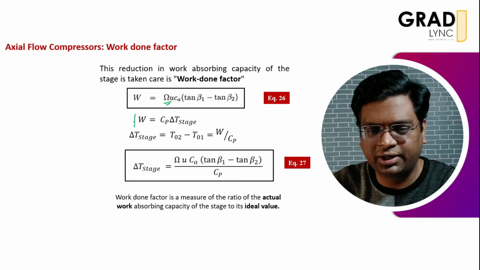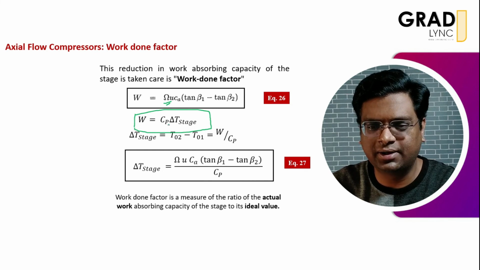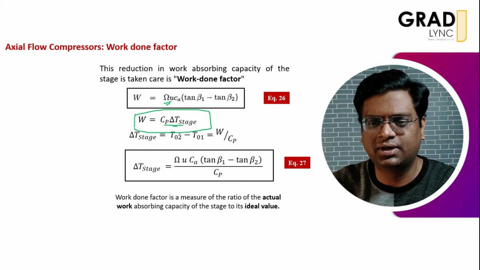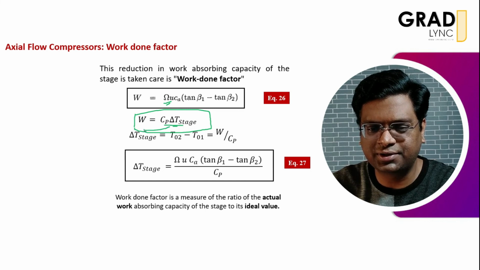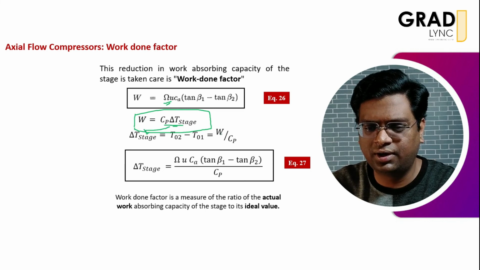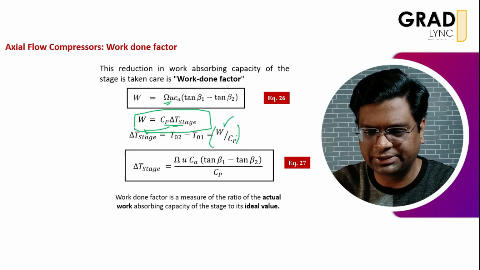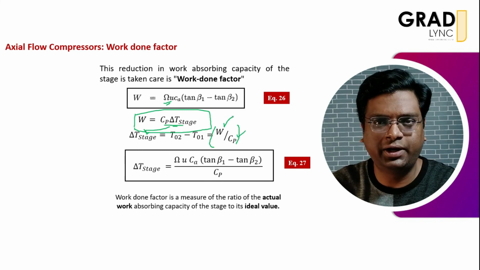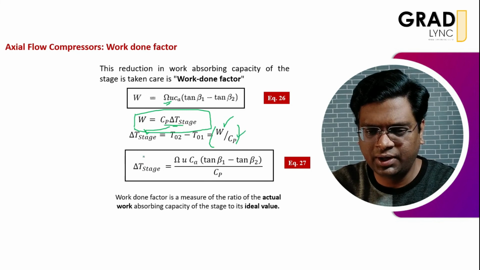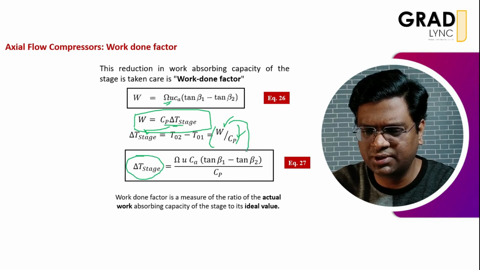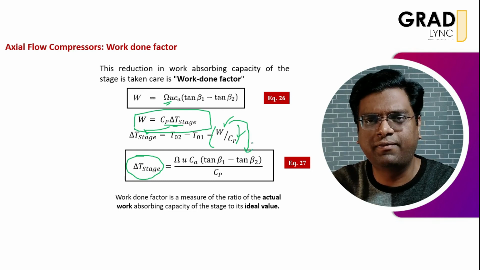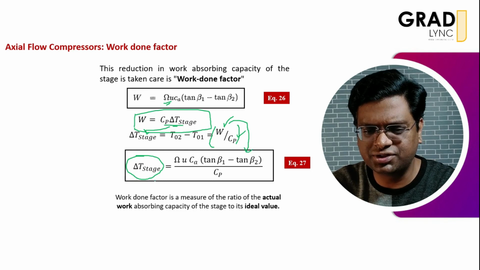Now also the work done for a compressor stage is represented by Cp del T of the stage, or in other words, I can solve for the temperature change in a stage and convert it into W by Cp. If I know the work required by the compressor, and Cp is the specific heat at constant pressure, and then I solve for the temperature change and substitute the value of W, I get equation number 27, which tells the relationship between the temperature and the blade angles.